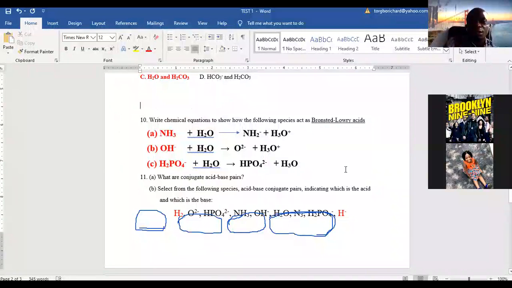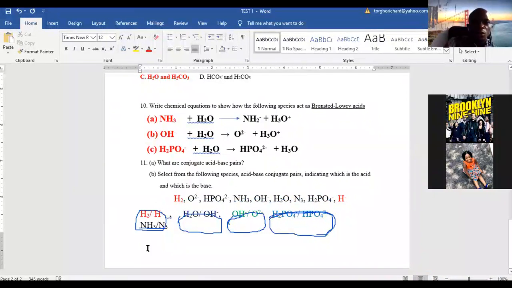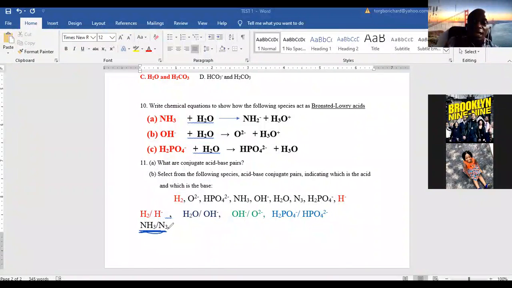Okay, I don't know what I've just done, but the point I'm making is that those of you who wrote this, this is not part, because the difference between NH3 and N3 is 3 hydrogen atoms and 2 nitrogen atoms. That's the difference between them. So it certainly cannot be a conjugate acid-base pair. It isn't.